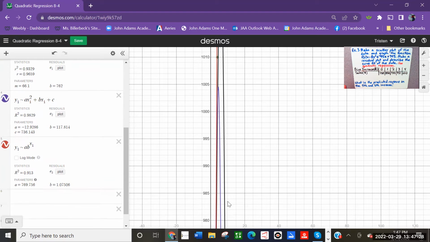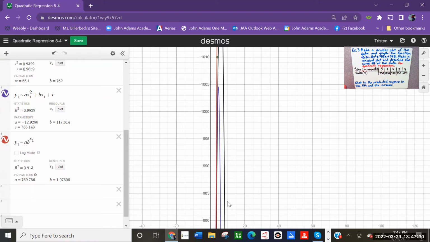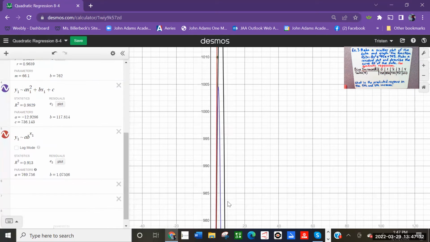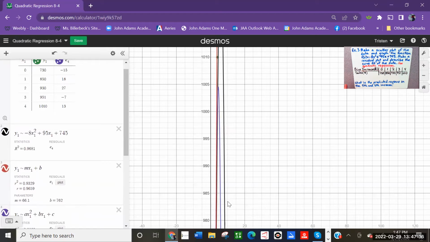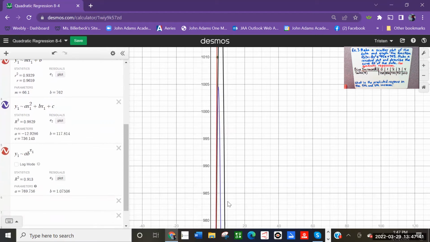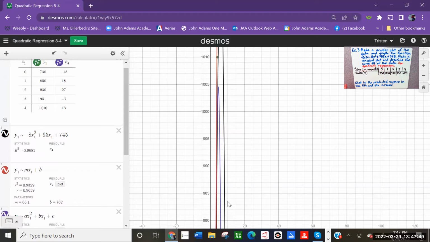So just that generic curve fitting didn't work as well as the actual formula we were given. The actual formula we were given, this one, is a much closer curve fit than what the computer came up with, which is very surprising. Oh wait, it's 0.98, and this one's 0.968.